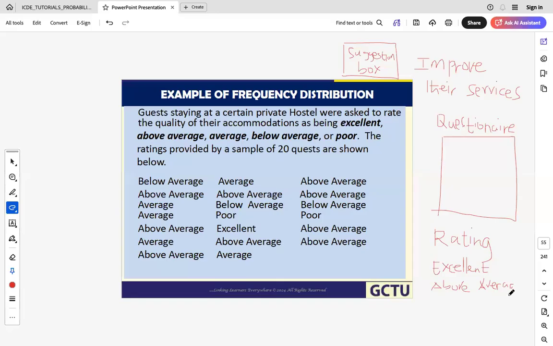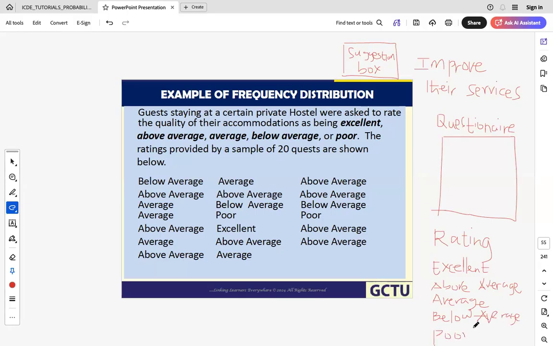So these are the options you see on the rating: above average, or it is average, or below average, and then finally poor.